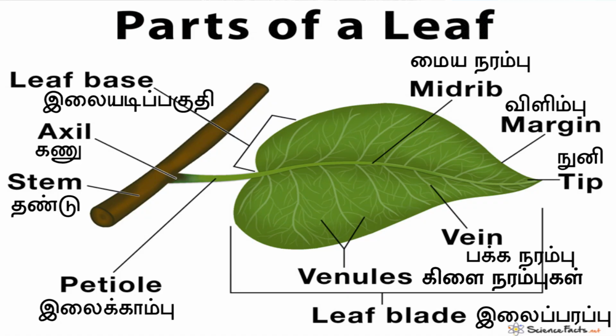Leaves are green in color because of the presence of chlorophyll. It's a green pigment used for photosynthesis. The leaf also has some tiny holes, and these holes are called stomata.